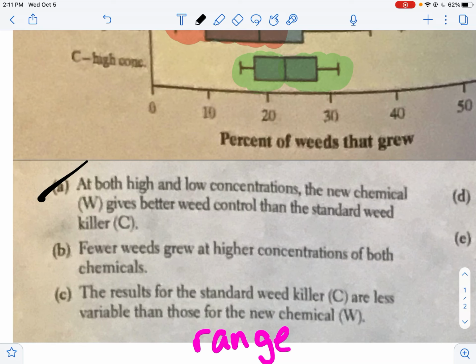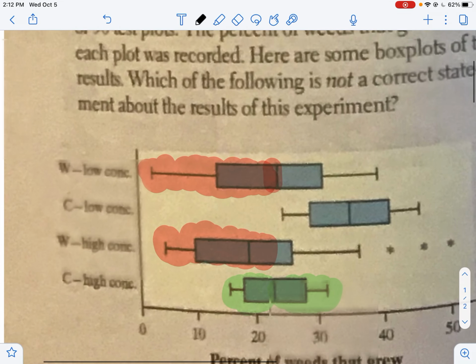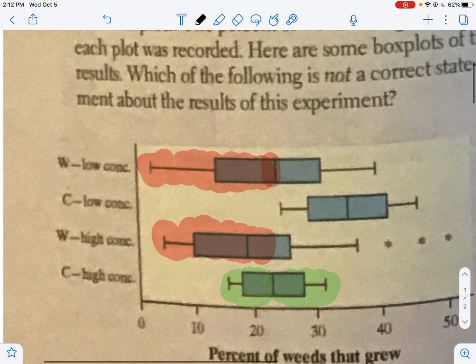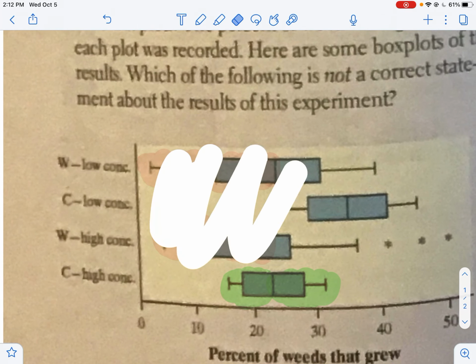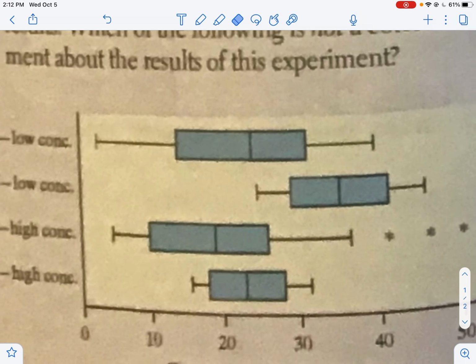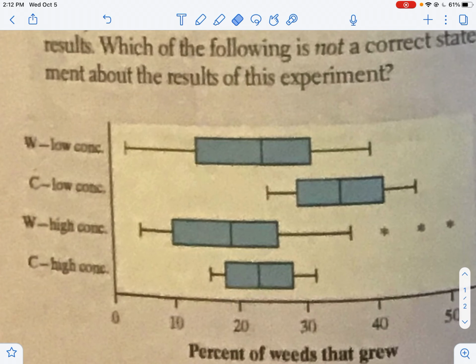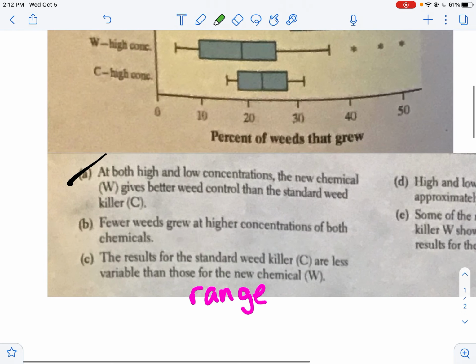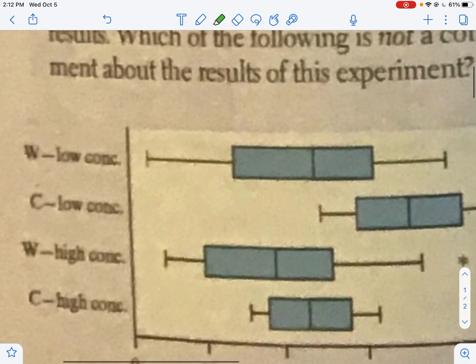B, fewer weeds grow at higher concentrations of both chemicals. Well, let's see. I'm going to focus just on the high concentrations of both chemicals. I'm not necessarily inclined to believe that, because it says fewer. If you're looking at the low side, we have quite a lot of low percentages for low concentrations of W. We also have them for high concentrations.